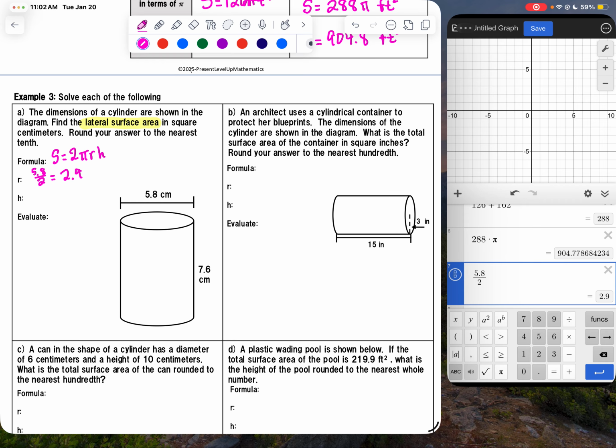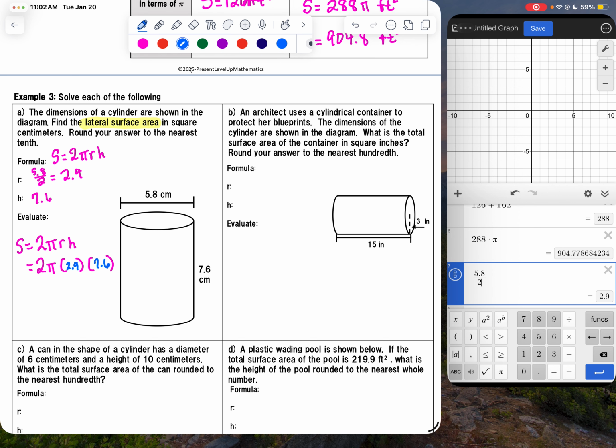The height is 7.6. So now I just want to evaluate this formula. S equals 2 pi r h. I'll substitute 2 pi, and I'll replace the r and the h with parentheses. For the radius, I'll plug in 2.9. For the height, I'm going to plug in 7.6.